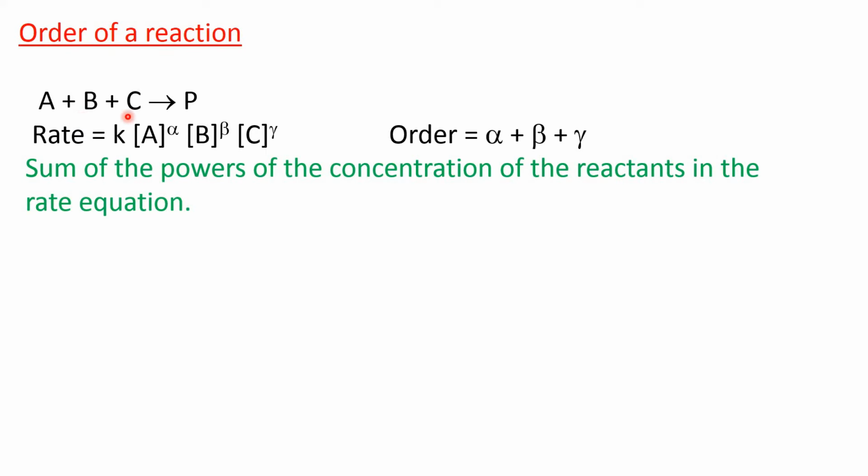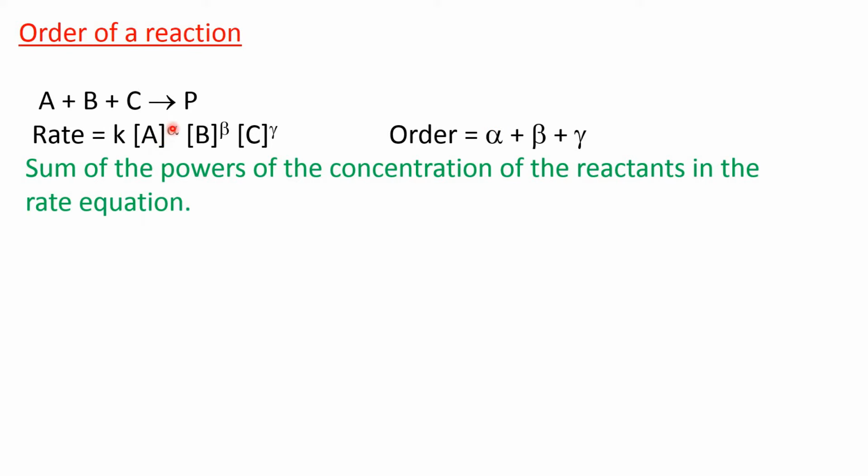See this hypothetical reaction, A plus B plus C gives the product P. Now rate, already I told you, you can write is equal to K into molar concentration of A to the power something, it is alpha, B to the power beta, C to the power gamma. Now if you add these powers, alpha plus beta plus gamma, then that will give you the overall order of the reaction.